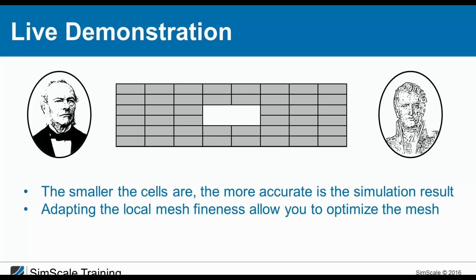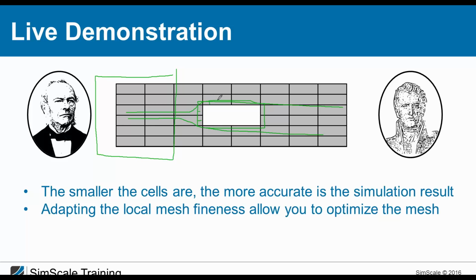To give you an example, if you just take a look at streamlines, how they would properly look: in this area here, you have nearly no change of the flow variable. Therefore, you can use a coarse mesh. Here, near the body, you will have a higher change of pressure and other quantities.